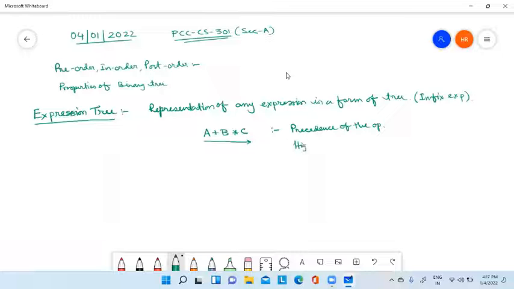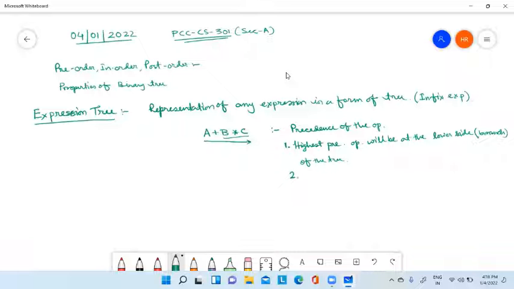Highest precedence operators will be at the lower side, or you can say lower branch of the tree. Okay, from this particular expression, this one has the higher precedence, so it will be in the lower branch of the tree.